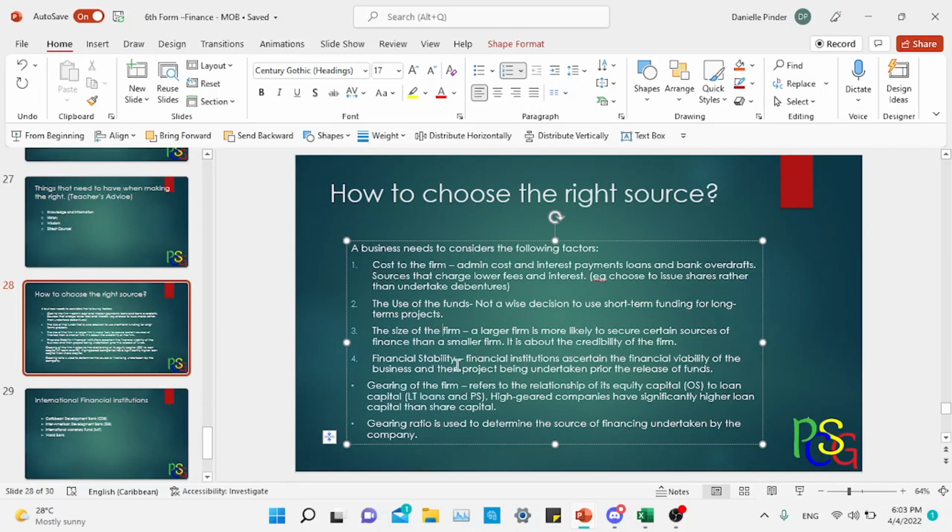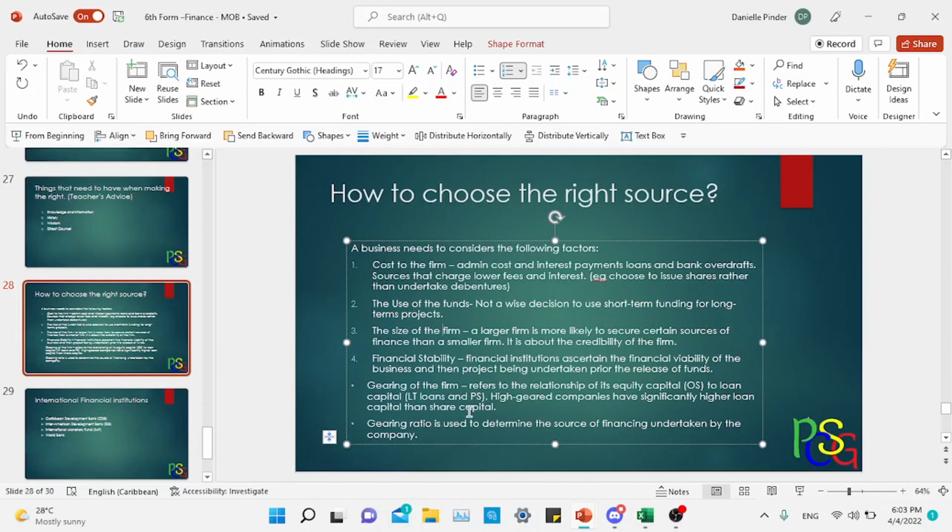Also the gearing of the company. This is just long-term loans and personal savings. It says here that high geared companies have significantly higher loan capital than share capital.